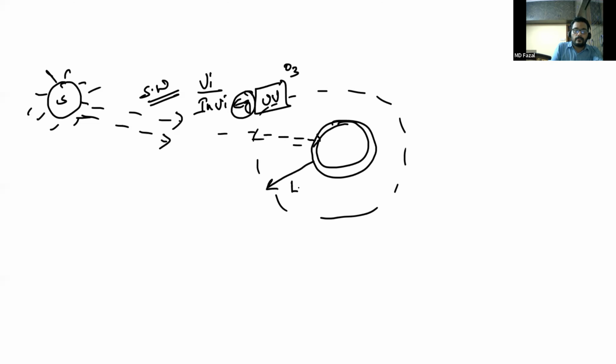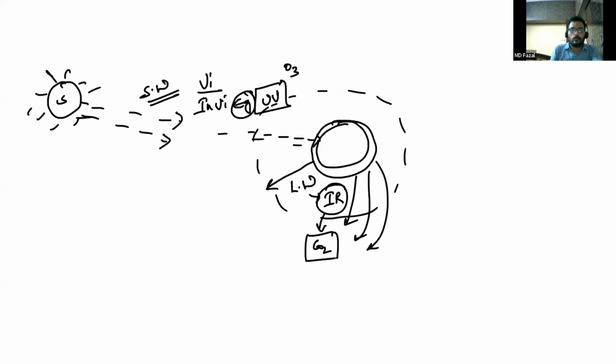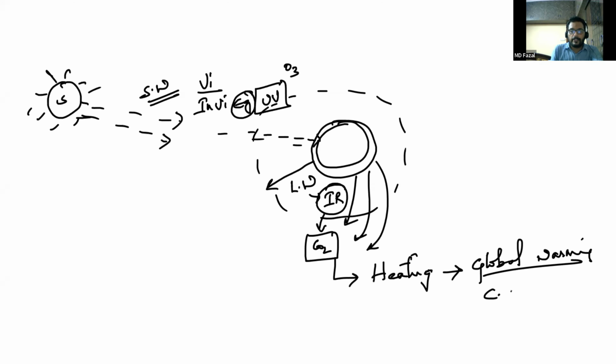These are the long waves, which are nothing but infrared. Now this infrared is absorbed by carbon dioxide. More carbon dioxide, more absorption of IR. More absorption of IR, more heating. More heating results in global warming and climate change.